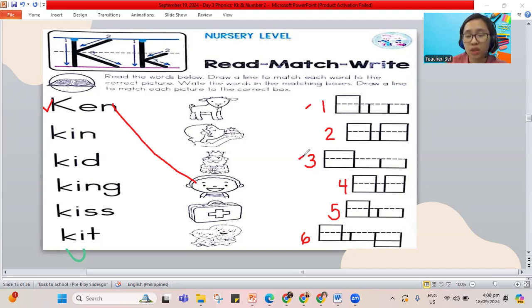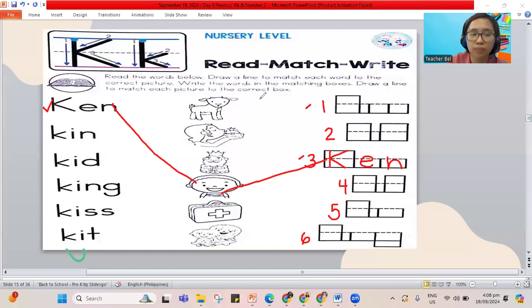Where do you think it should fit? It should fit in number 3. So let's make capital K, line down, V on the side, capital E, line around and out for E, and N, line down and make a hump. That's the name Ken. Make a line also for your Ken.